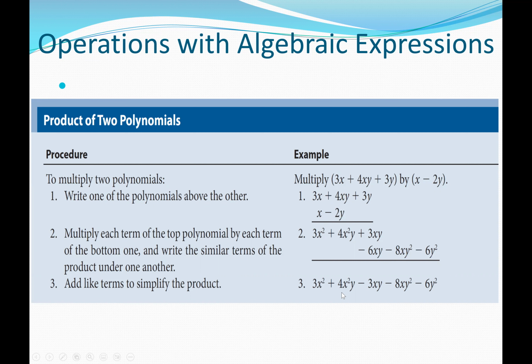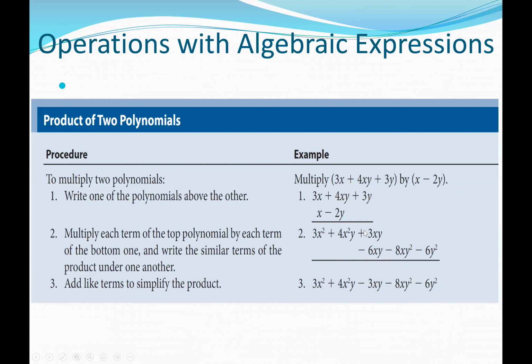Now we can combine the like terms. We have only one 3x squared, so we put it down. Also 4x squared y is only one, so we write it down. Then we have plus 3xy minus 6xy. It's a like term, so we combine it.